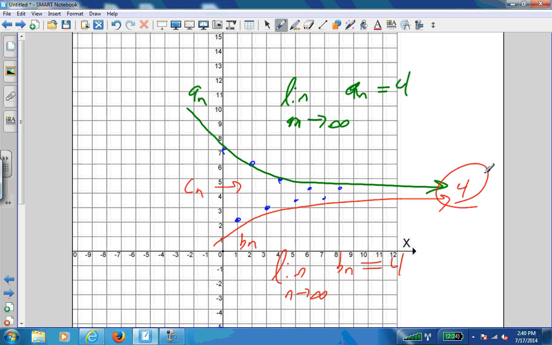And that's what's known as the squeeze theorem. I'll give you several of those to take a look at, looking at convergence.